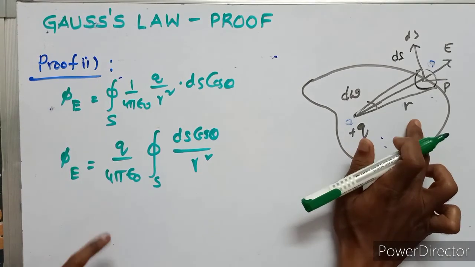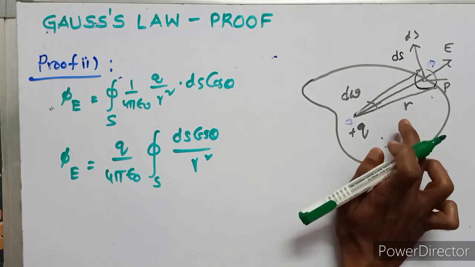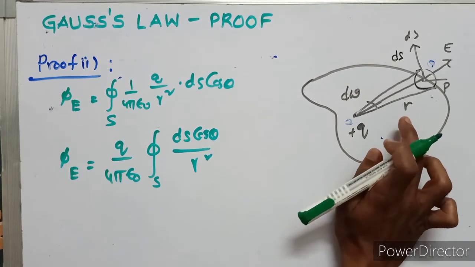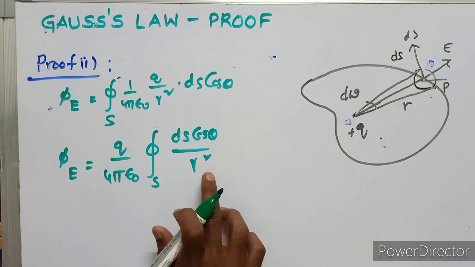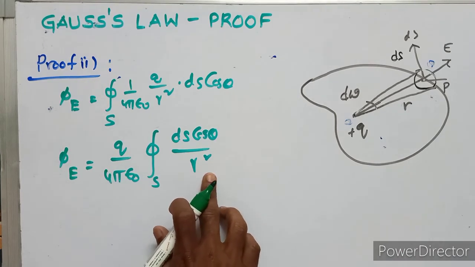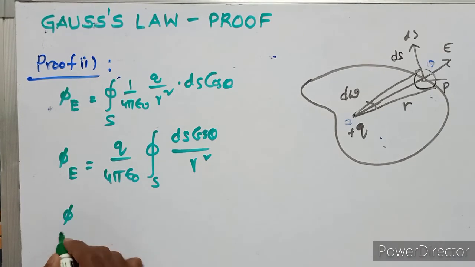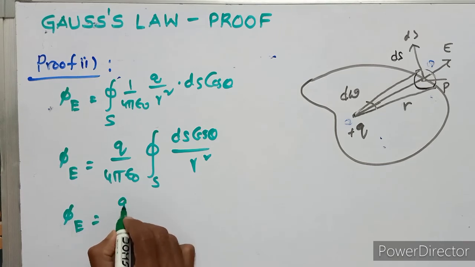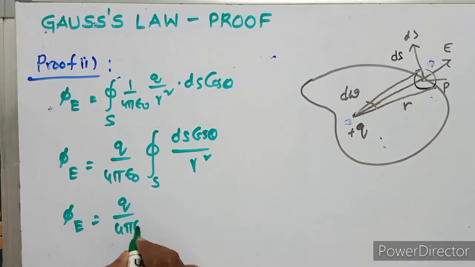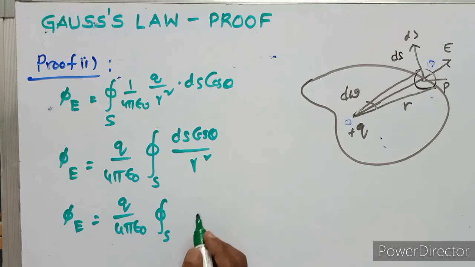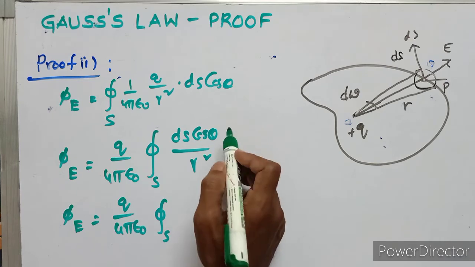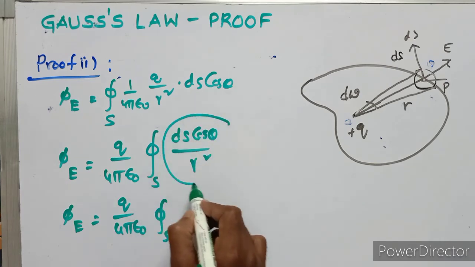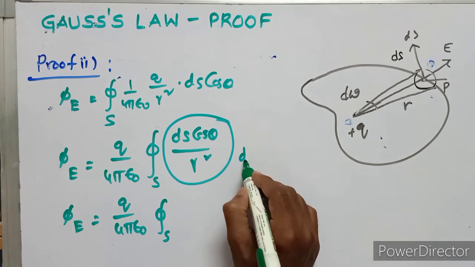Here r is not a constant distance, so it is an integral value. So phi suffix e is equal to q upon 4 pi epsilon naught times the closed surface integral of ds cos theta upon r square.